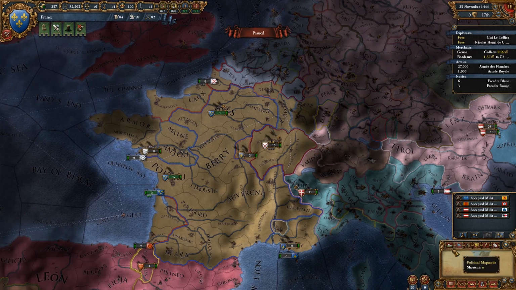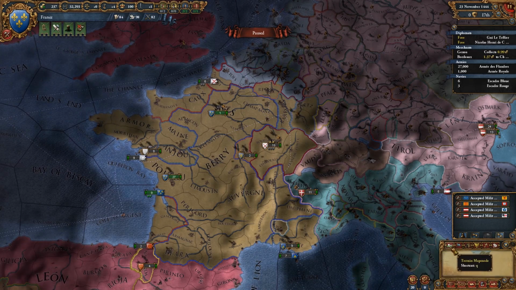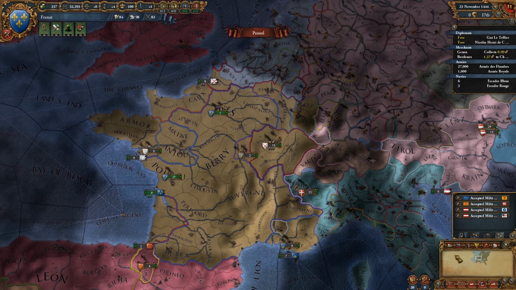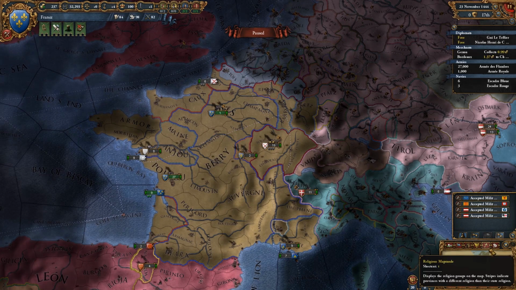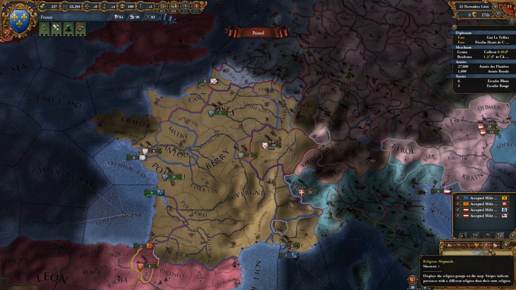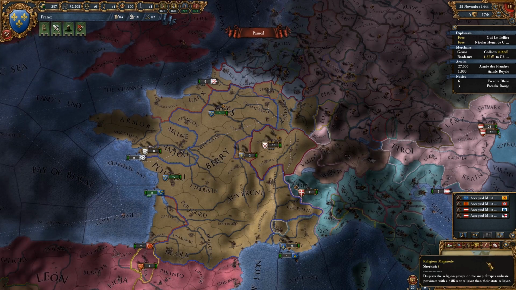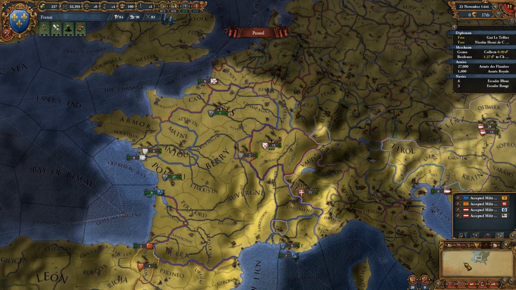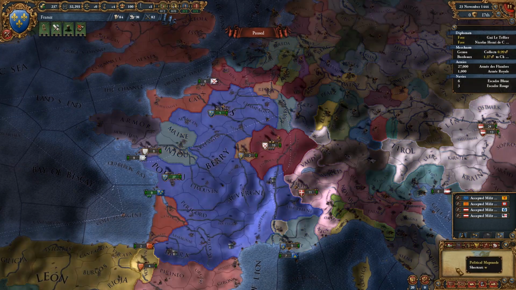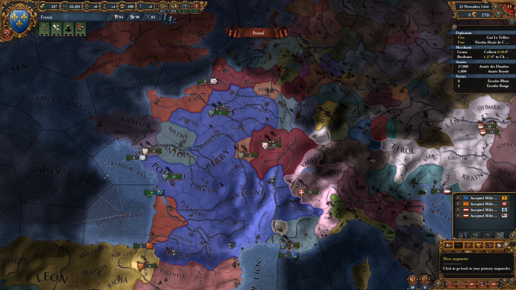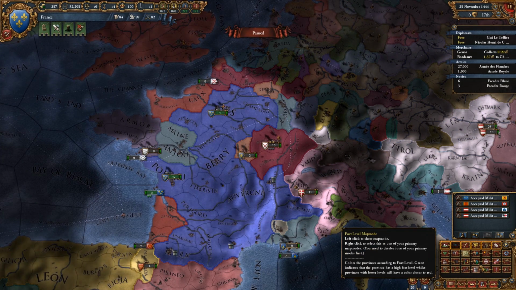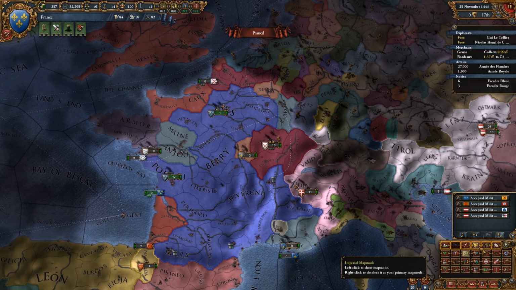If you decide that one of these 6 map modes up here isn't any use to you, you can swap it out for something else. Let's take a look at this map mode here. We have the religious map mode, which is our shortcut key of T, because it's the 5th icon. Let's say we're not bothered about the religious map mode. So we open the tray and right click on it.